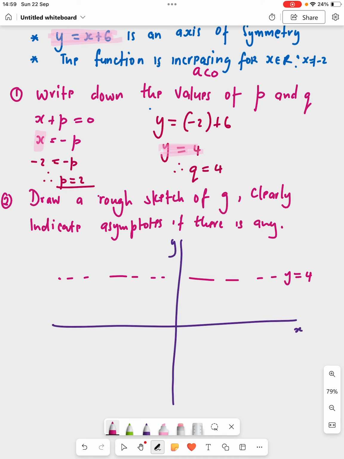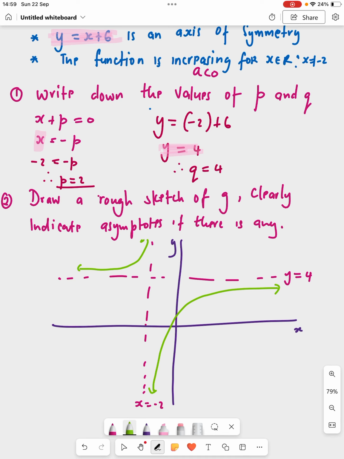We do have our vertical asymptote. So, it is x is equal to -2. Now, we are told that our graph is increasing. So, it is in the second quadrant as well as the fourth quadrant. This is our rough sketch.